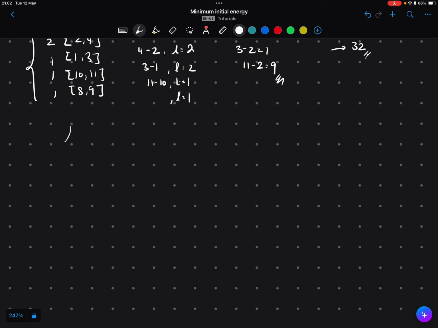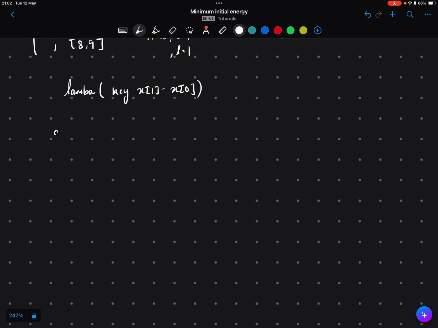So you can do lambda. So you can sort it descending, and you can give your key to be x1 minus x0. I'll show another way actually. So I did it's a bit more space heavy, but this is the first thing that I came up with. Pretty much you could say the naive version. So value and tasks.